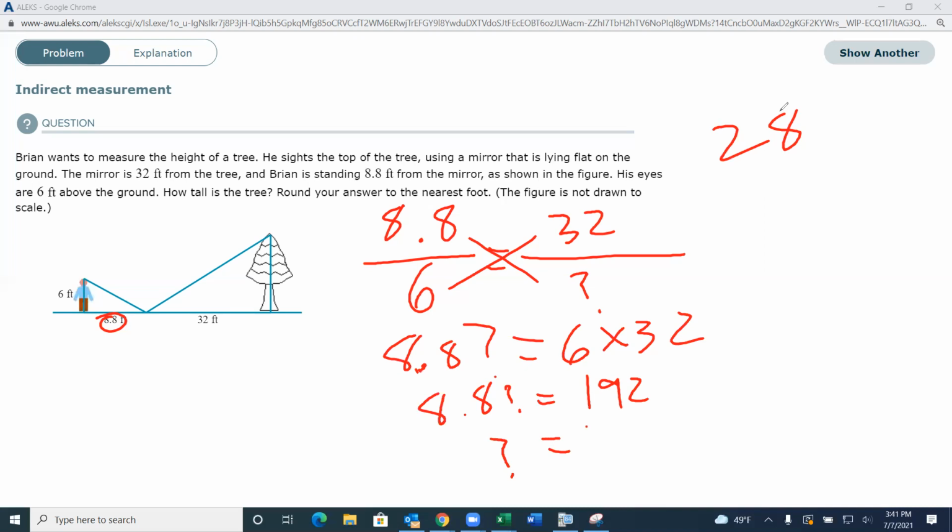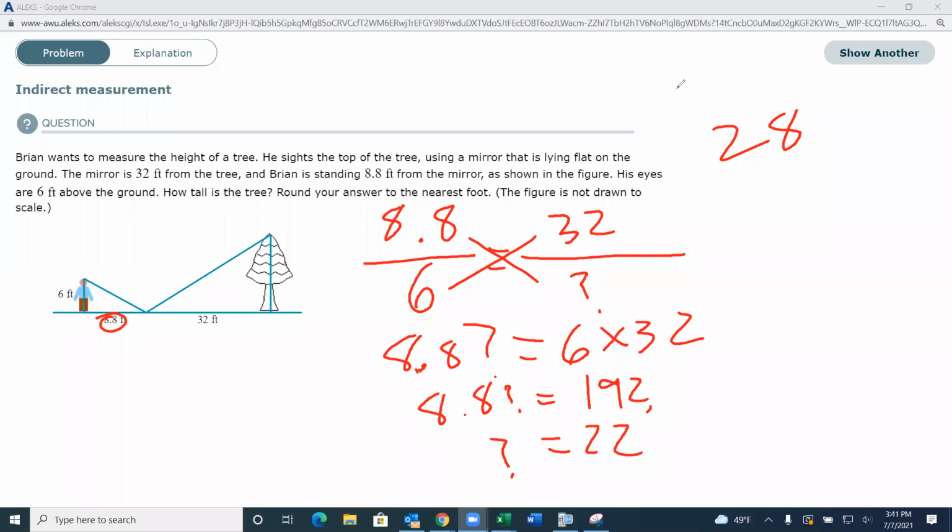To the nearest foot, 22 feet. It was 21.8. Anyway, so 22 feet, and that is going to do it for that one. So on these, you just set them up like proportions again and cross multiply and savor the experience and enjoy me pausing the video.